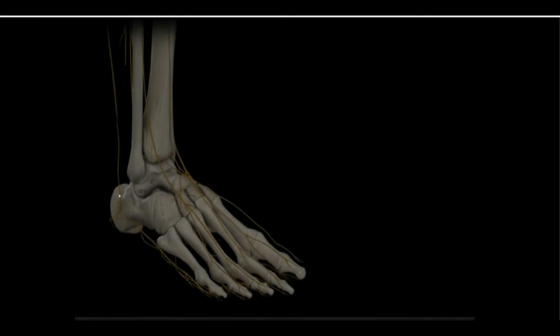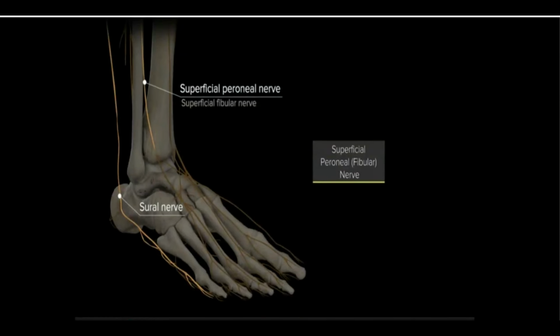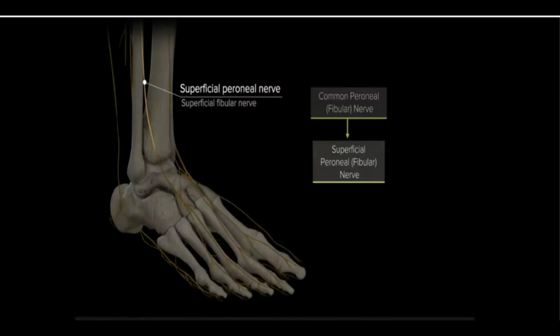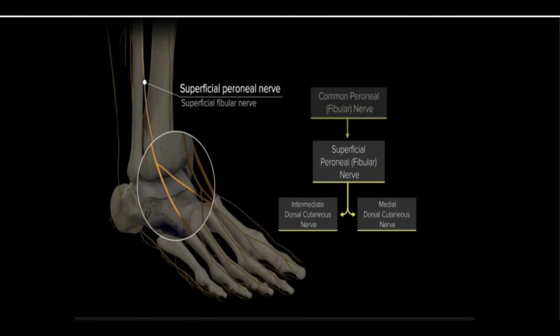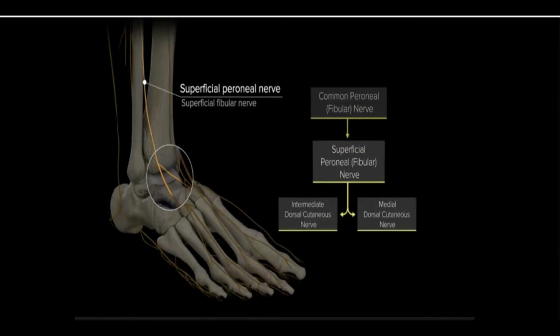Sensation to the lateral aspect of the foot is provided by the sural nerve, which runs posterior to the lateral malleolus. The superficial peroneal, or fibular nerve, is a branch of the common peroneal nerve. It sits slightly anterior to the fibula prior to dividing into the intermediate dorsal cutaneous nerve and medial dorsal cutaneous branch, just proximal to the ankle joint.